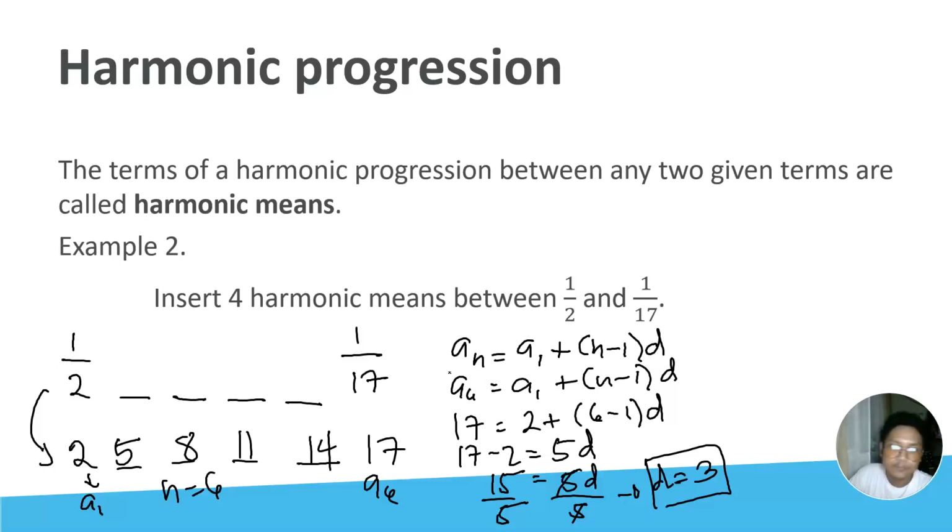Or masyadong madami, gamitin mo itong general formula natin for the nth term. So kung ito yung equivalent arithmetic progression niya, para maibalik natin dun sa harmonic progression, i-reciprocate lang natin ito. 1/5, 1/8, 1/11, and 1/14. So yan na yung mga sagot.